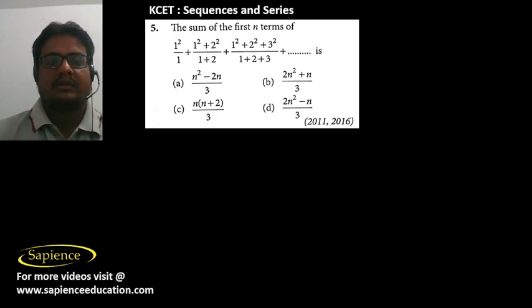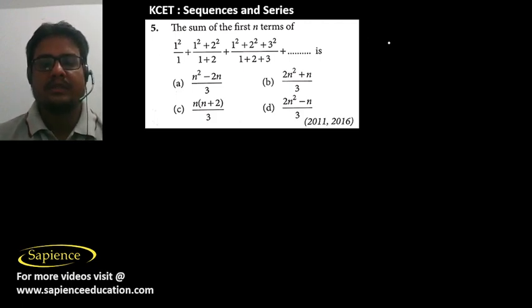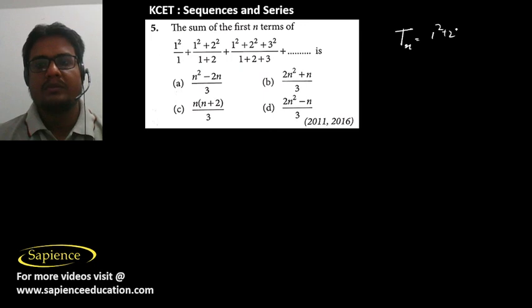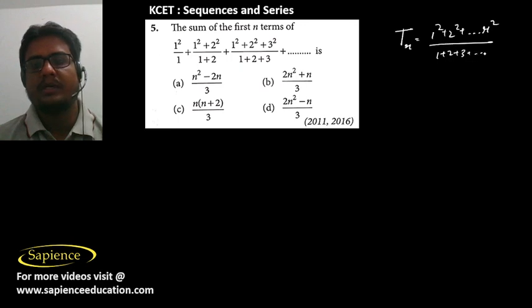Now here it is told the sum of the first n terms you have to find. So here the rth term is given as (1 square plus 2 square plus till r square) divided by (1 plus 2 plus 3 plus till r).